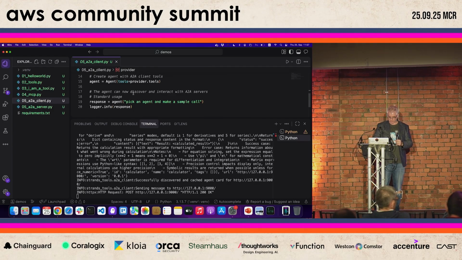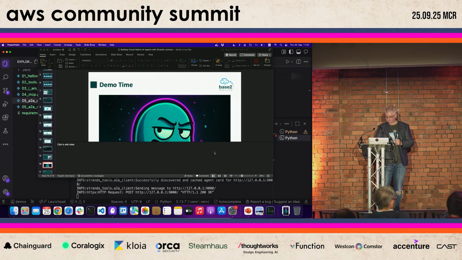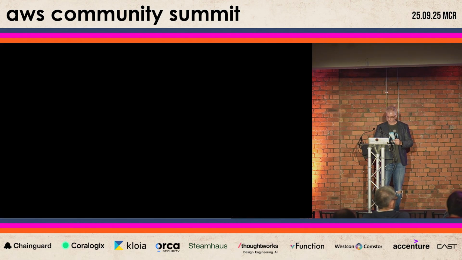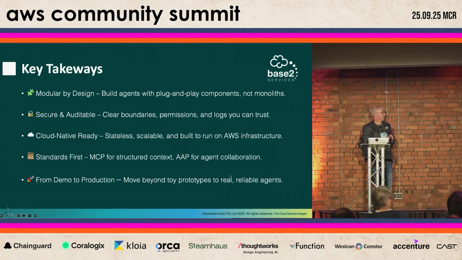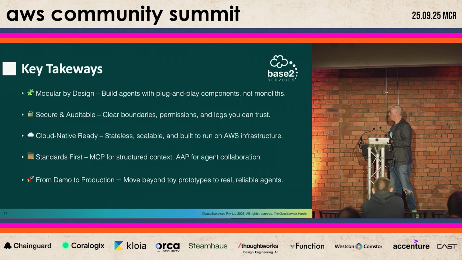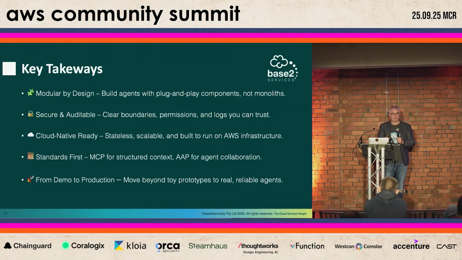I'm going to quickly switch back to the slides because I'm out of time, and quickly wrap up. The key takeaways: Strands is really great because it's modular by design and makes building agents super easy. We're building lots and lots of them now. It provides secure auditability.